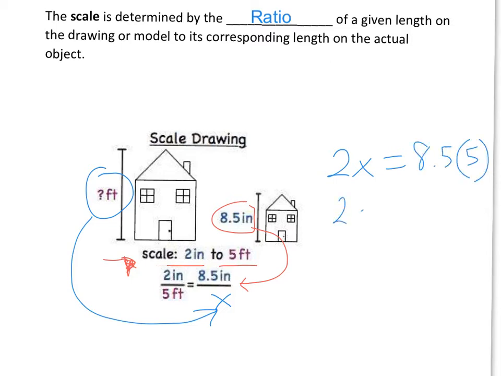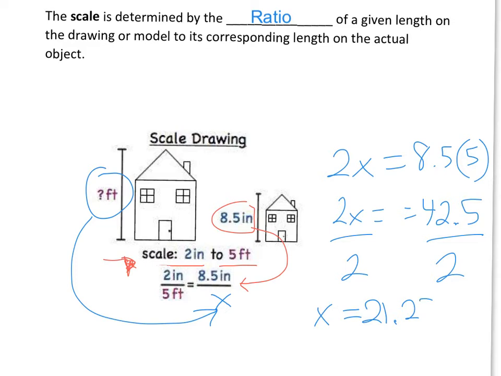So now 2x equals 42.5. Then we divide each side by 2. And this leaves us with 21.25 feet. So the height of the real life house would be 21.25 feet tall.